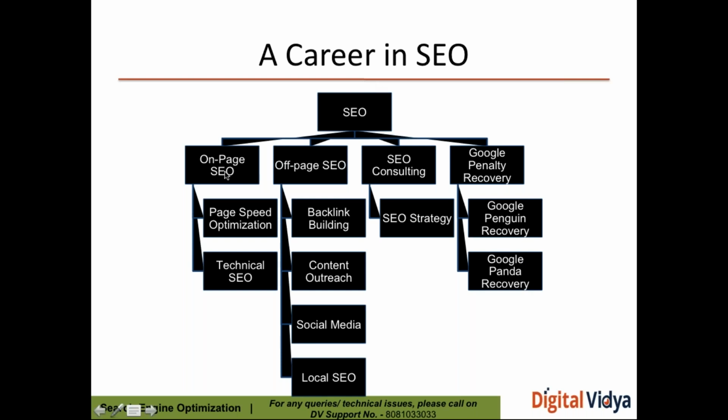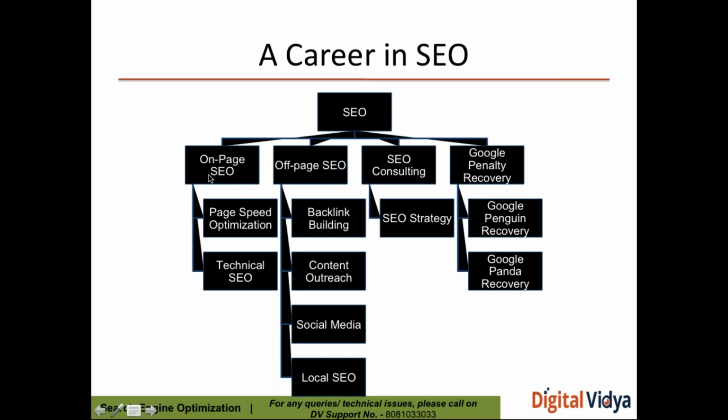Like for SEO, you have an on-page team, an off-page team, and then mostly the SEO strategy part and consulting part is managed by the SEO project manager. And then we have altogether a separate wing for Google Panda and penalty recovery. So this team will help all the clients to recover from the penalty which they are suffering from.